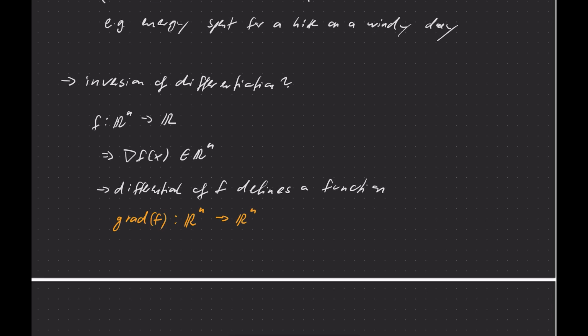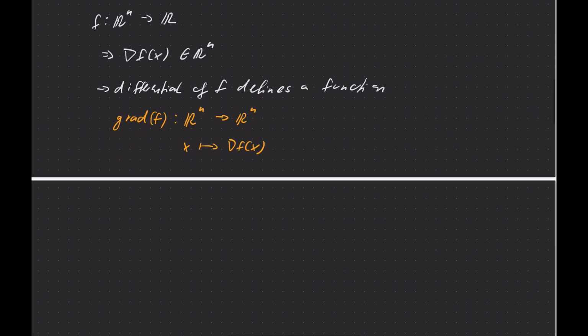And more specifically, it assigns to each x in Rn the gradient of f evaluated at point x. You could say this derivative, this differential, is again a function, and we call that the gradient. So that function assigns to each point x in Rn the value of nabla f of x. And that's something like the one-dimensional derivative function.